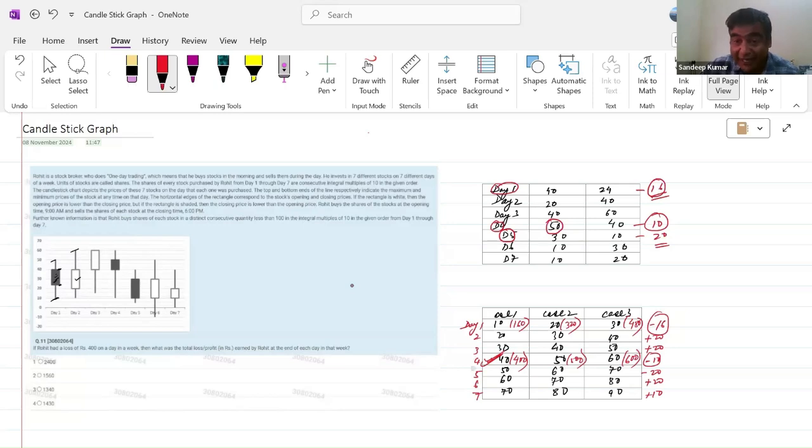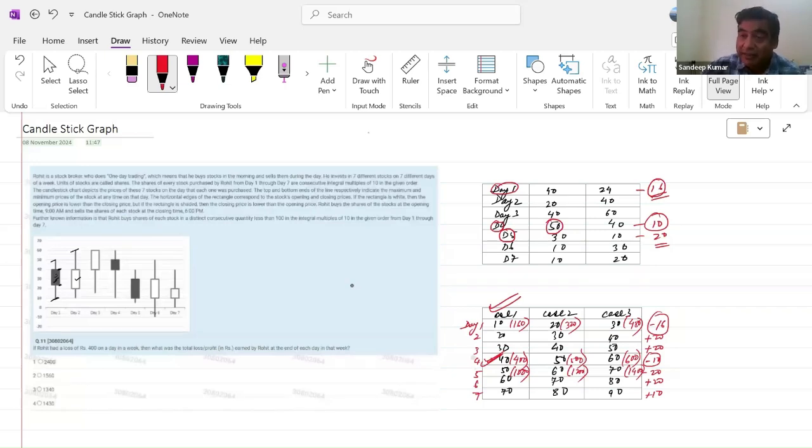Now, if we look at day 5, here the loss would have been corresponding to 1,000 rupees. Here the loss would have corresponded to 1,200 rupees. And here the loss would have corresponded to 1,400 rupees. Right? So the only place where we see him making a loss of 400 rupees is in case 1 and day 4.